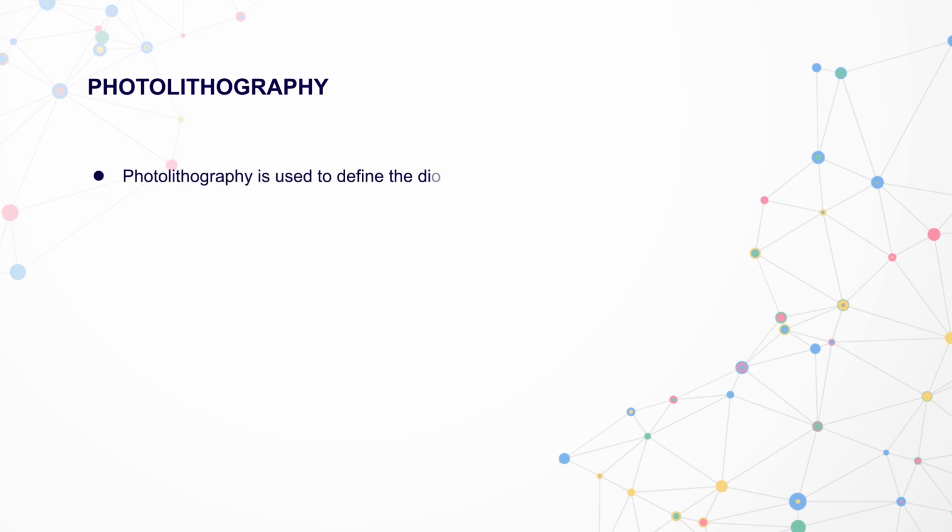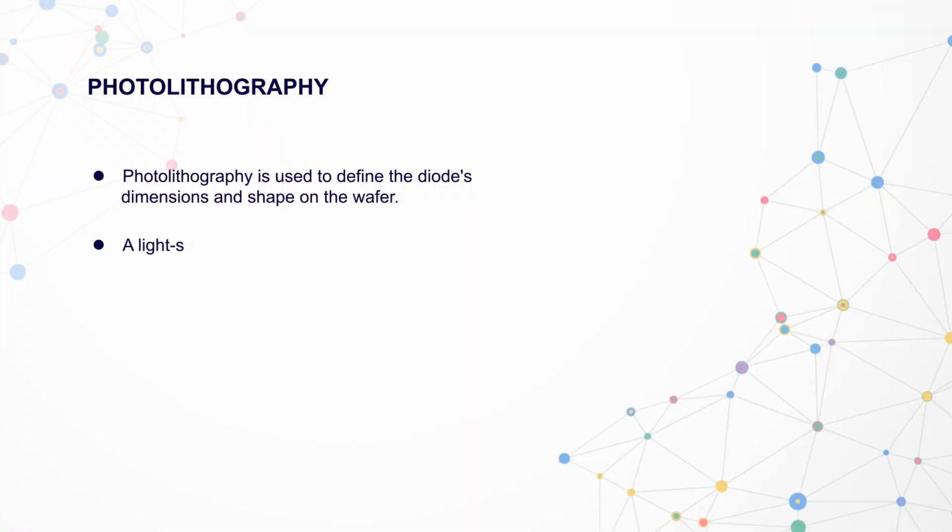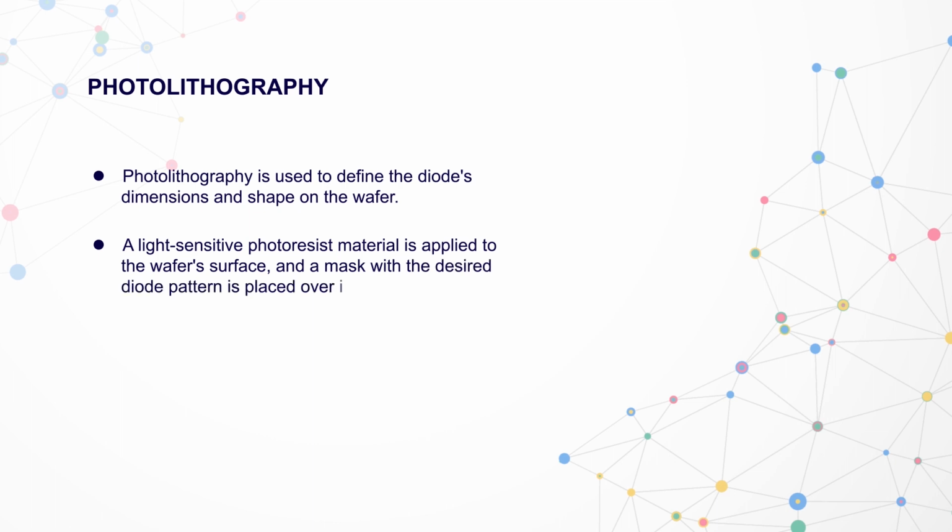Photolithography is used to define the diode's dimensions and shape on the wafer. As we know, the diode is very small and has particular dimensions. During photolithography, the dimensions of the diode are defined and it is molded into a particular shape. A light-sensitive photoresist material is applied to the wafer surface and a mask with the desired diode pattern is placed over it.